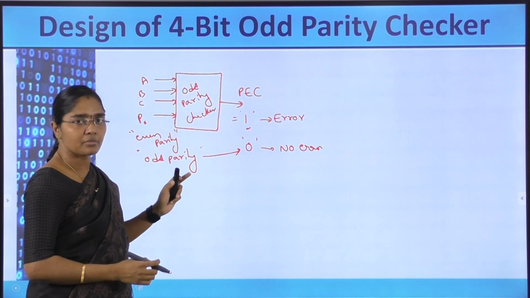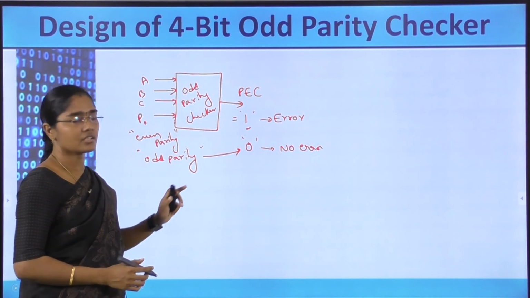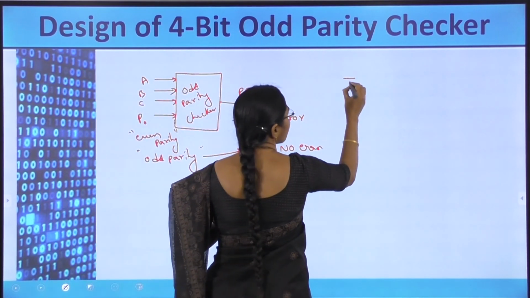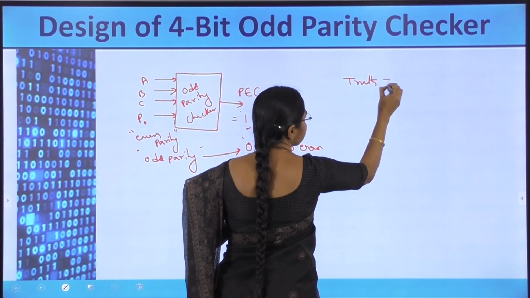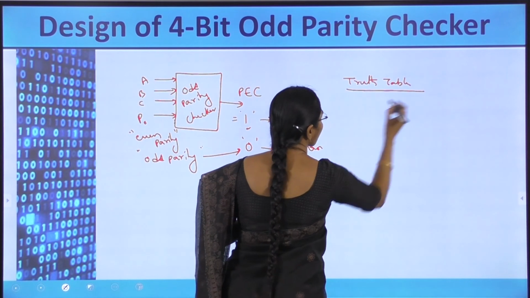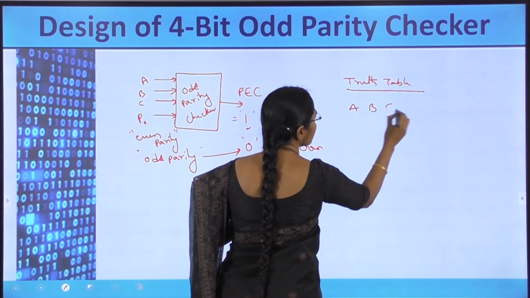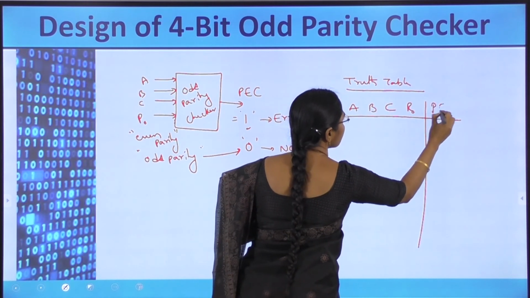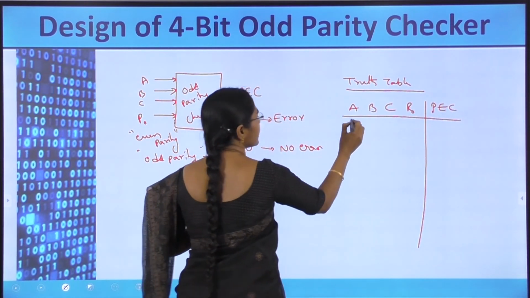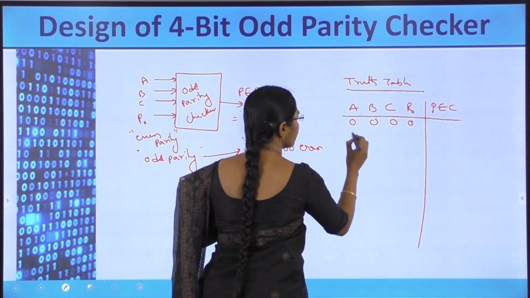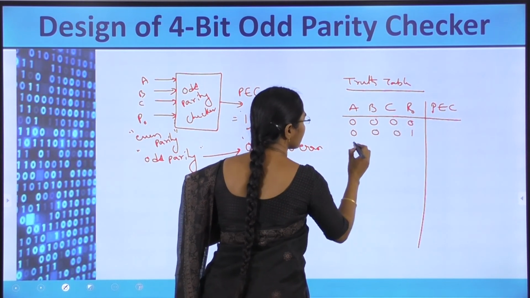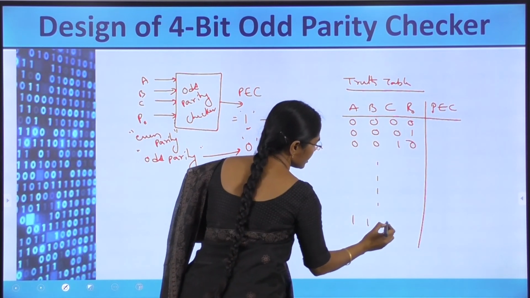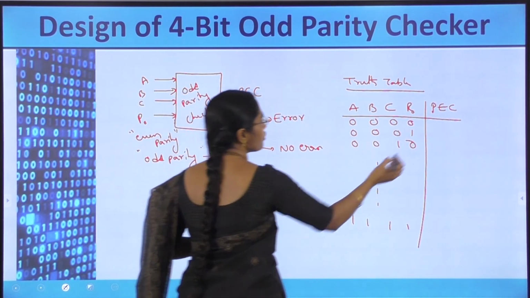What is the next step? Next step is writing its input and output relations using a truth table. The truth table consists of all the combinations of input bits and output bit. Since input bits are 4, it is going to have a total of 16 combinations, from 4 zeros to 4 ones.